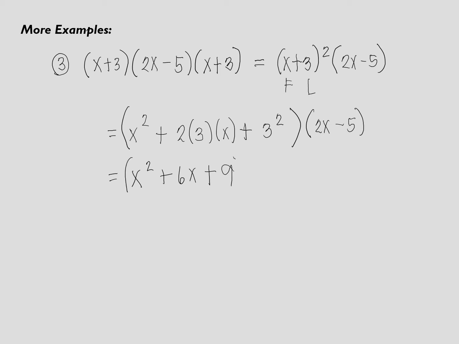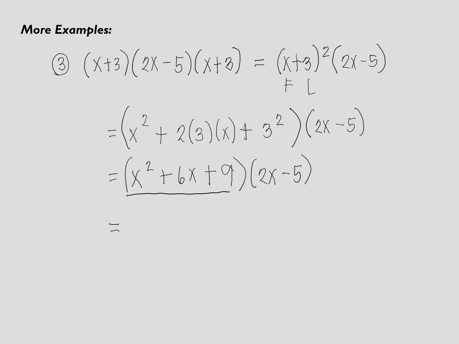But that's not a final answer yet because we still have the quantity of 2x minus 5. And here, remember, since it's all about multiplication of polynomials already, you can apply the box method or the distributive property of multiplication, which means that we have to distribute the 2x and the negative 5 to each of the terms inside this trinomial.